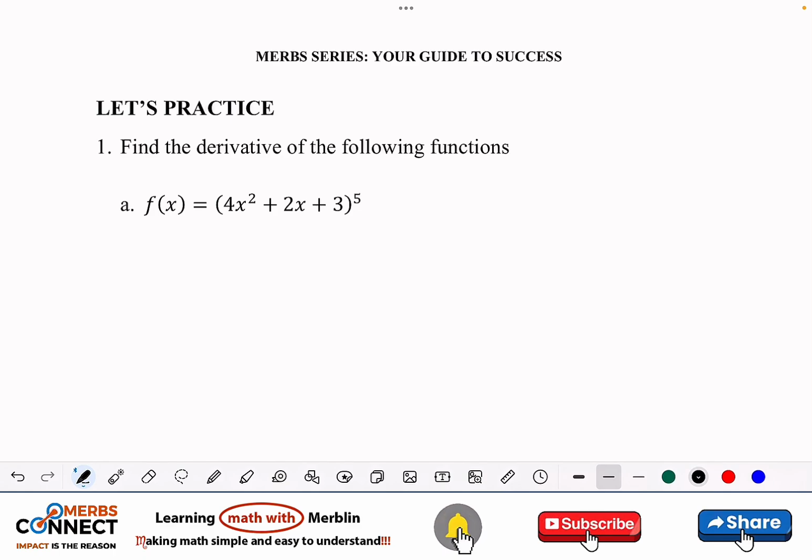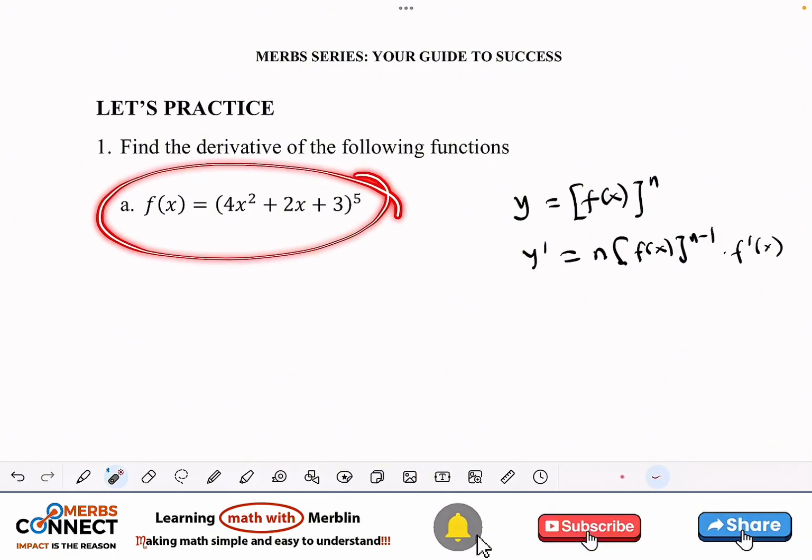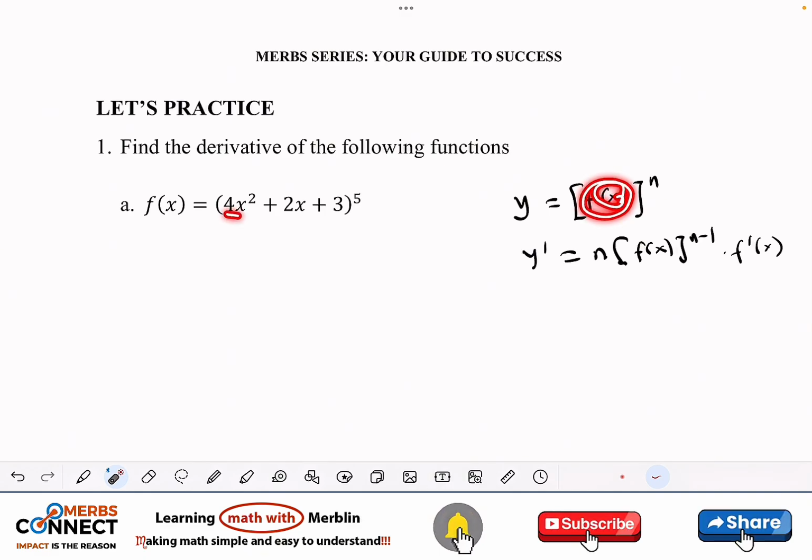We are going to use the one which was giving us y is equal to f of x all to the power n, and we said y prime should be the same as n times f of x to the n minus 1 times f prime of x. When we look at this function here, our f of x is this, and when we differentiate this, we are not going to get 1. So it means that we need to differentiate that.